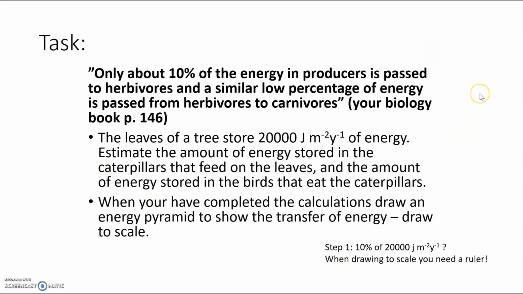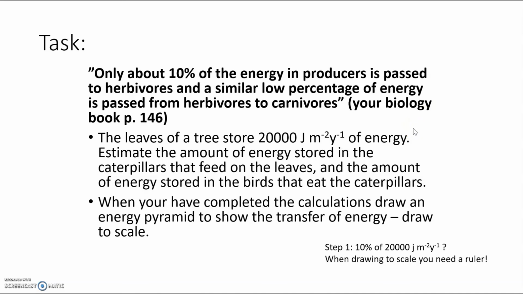So here's a little task for you, and this is also part of the worksheet that is some of the tasks for today, right? So I just want to make sure that you get this, right? So in your book it states only about 10% of the energy in producers is passed to herbivores, and a similar low percentage of energy is passed from herbivores to carnivores.